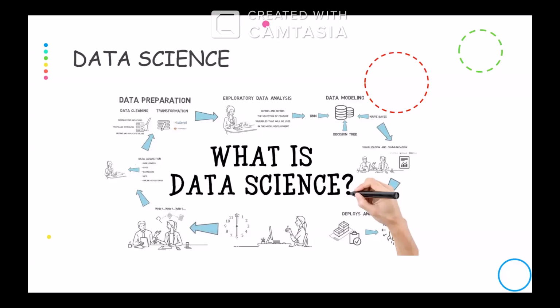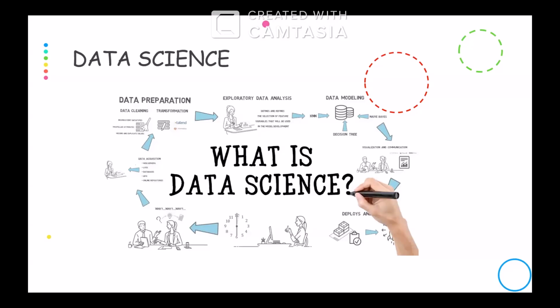Okay, starting from generating the data, collecting the data, gathering the data, acquisition of data, monitoring the data, keeping the data, wrangling the data, cleaning the data, transforming the data, analyzing the data, modeling the data, mining the data, visualization of data.